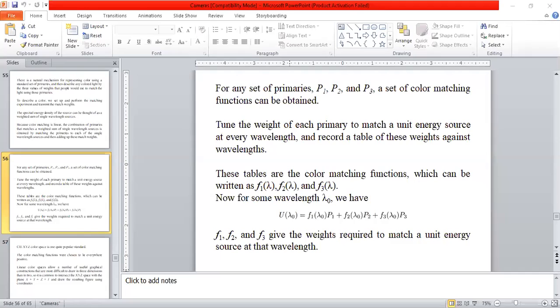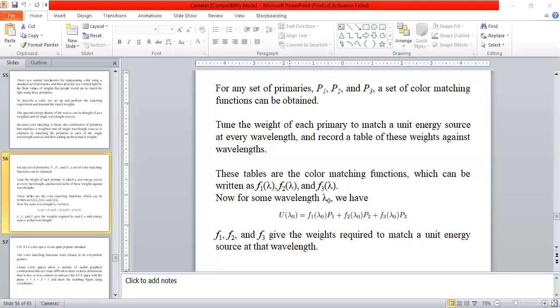It's a small experiment which people usually do to analyze how a human being perceives color information. In the same line, if we have any set of primaries, we are able to estimate or obtain a color matching function.